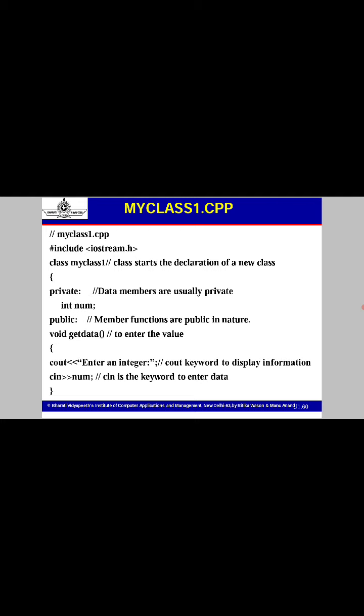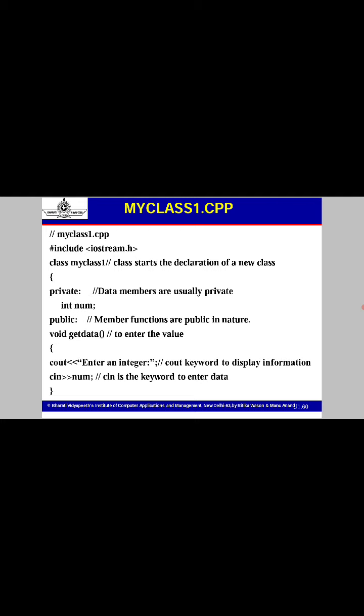Public means the variables or data members can be accessed from anywhere. Private means they are private to the class definition or function definition only, and protected means they are purely private. And public colon void getdata.